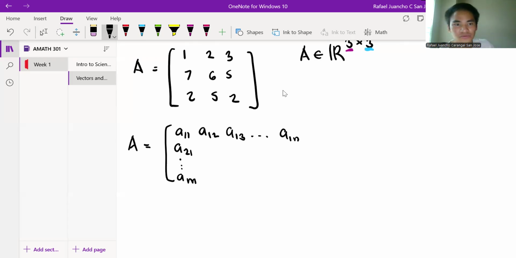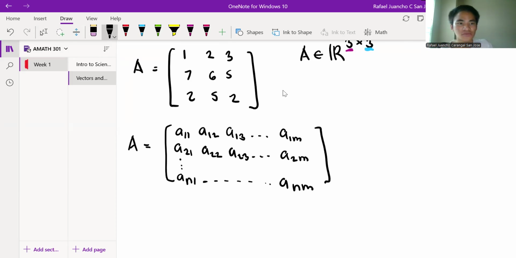No, I'm wrong. Oopsies. This is not N. This is M. And this is N. N for nice. Okay. And then this is 2, 2, 2, 3. This is 2M. We can keep going. And this leads us to NM. So this is more general. This is more of a general matrix.